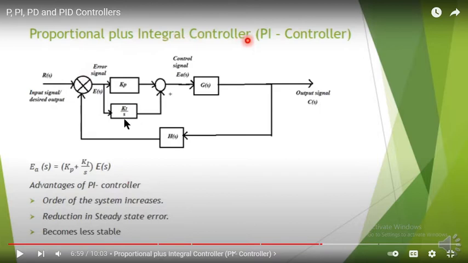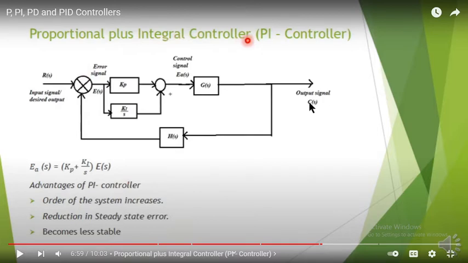It is fitted here along with the integral controller having function Ki upon S, and they are connected to each other in a parallel way, and this is the feedback loop. The error coming after the setting point goes to the proportional controller plus integral controller, and then both outputs come to the summing point, and this control signal is sent to the plant.